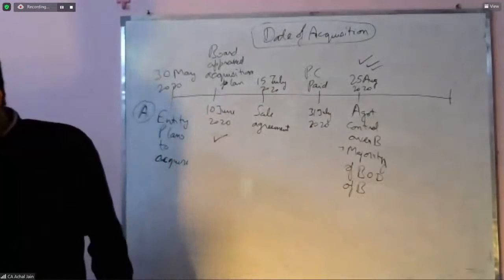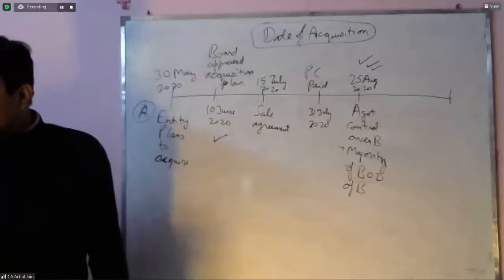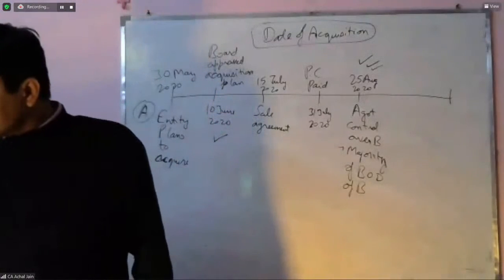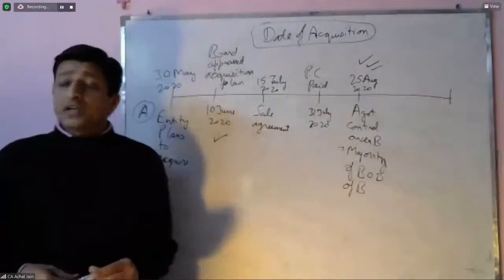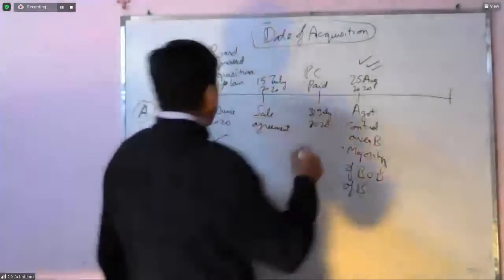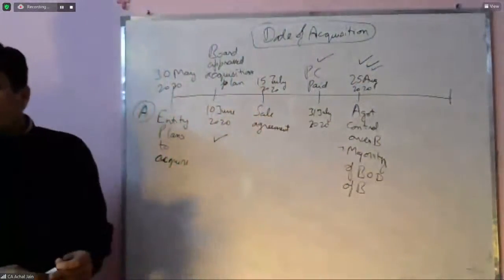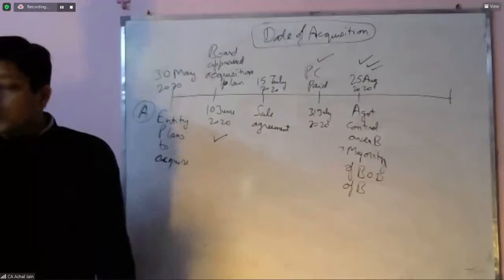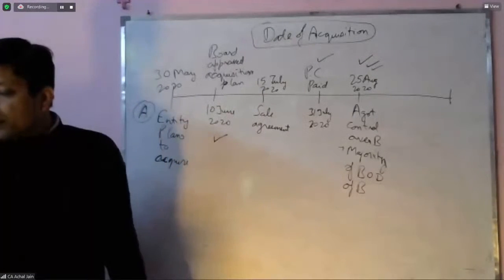Divakar is saying, sir, because the consideration is paid, that's why it should be 31st of July. Correct. So this can also be a thought for deciding the date of acquisition because entire money has been paid. So what is left after that? Nothing is left after that.